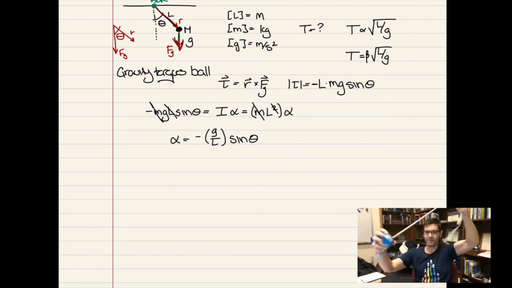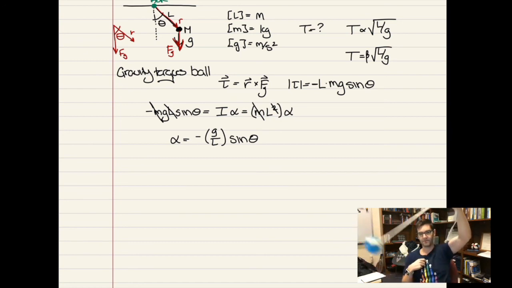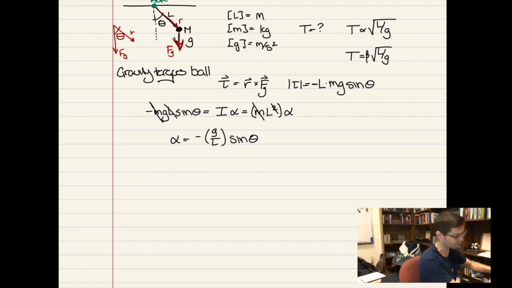If I were to measure the position as a function of time, it would not be a perfect cosine or a perfect sine function. Though I would find, if I made the displacement very small, the motion would look more and more like simple harmonic motion the smaller I made that angle.